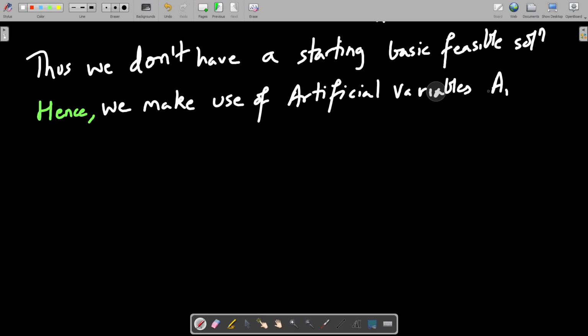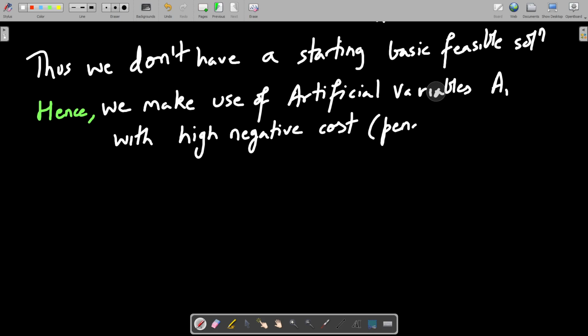Okay, if there are two rows less, we use two, a1 and a2. Okay, with high negative cost. Negative cost. Okay, that is called as the penalty. Okay, which is denoted by capital M, where M is very large.